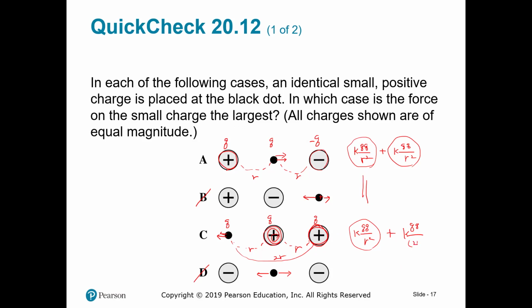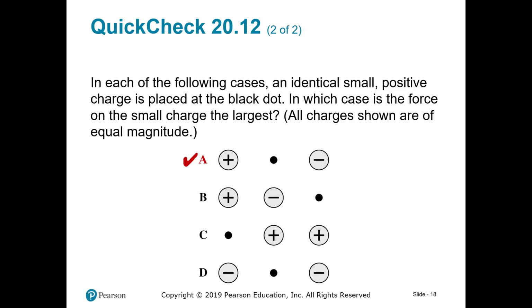So this is 2r squared, right? So the second force in this case is much smaller, 4 times smaller than this force. So the answer is A. The first case has the greatest force.